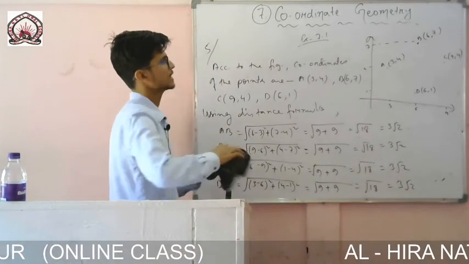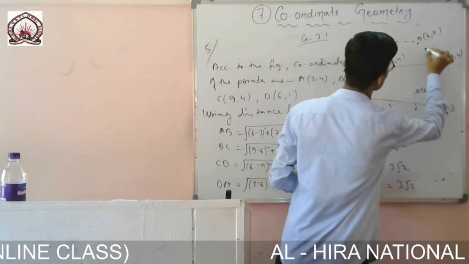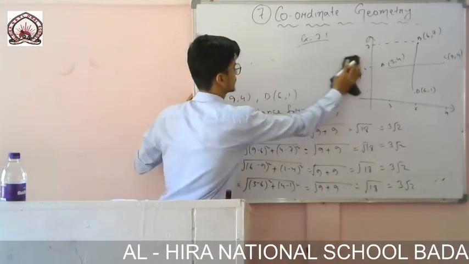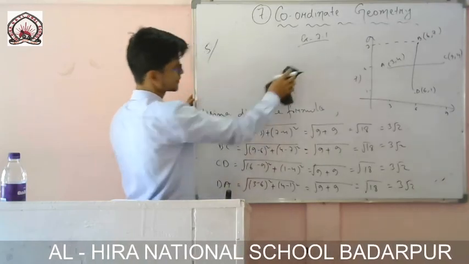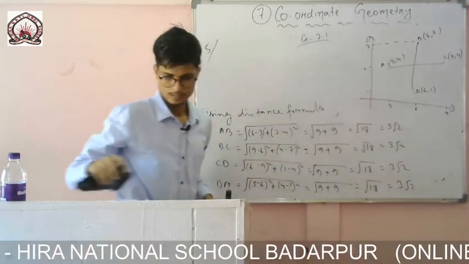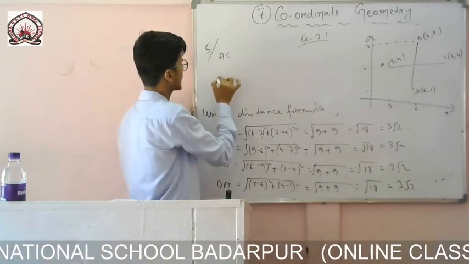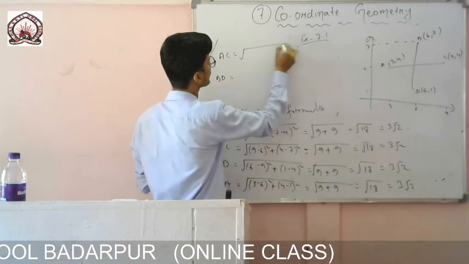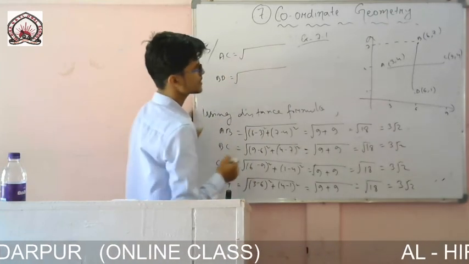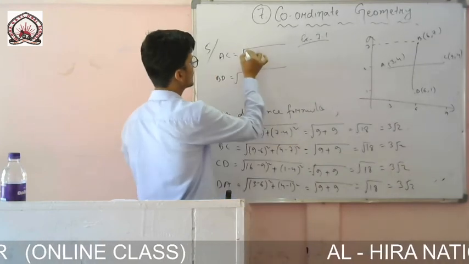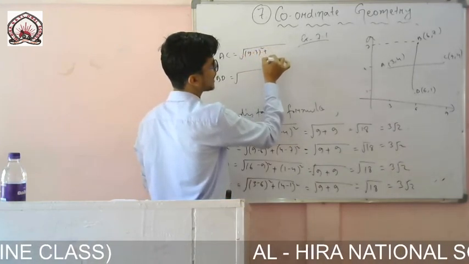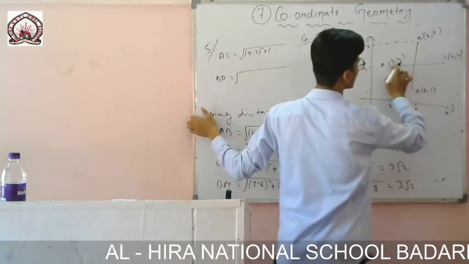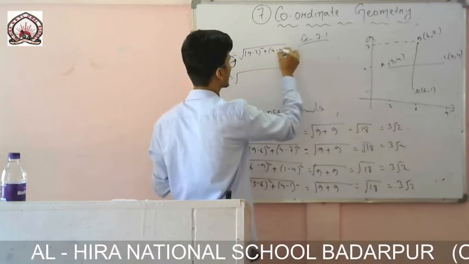Then I will find the other two distances: AC and BD. For AC, it will be the square root of (9 minus 3) whole square plus (4 minus 4) whole square.